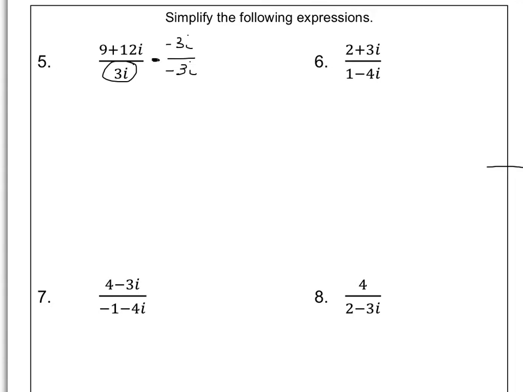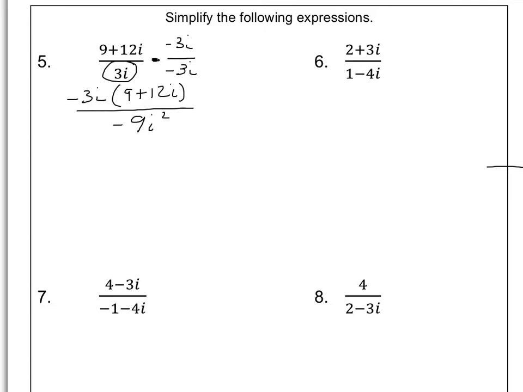Okay? So when I multiply this through, on the top, I've got negative 3i times the quantity 9 plus 12i, all divided by 3i times negative 3i, which is negative 9i squared.